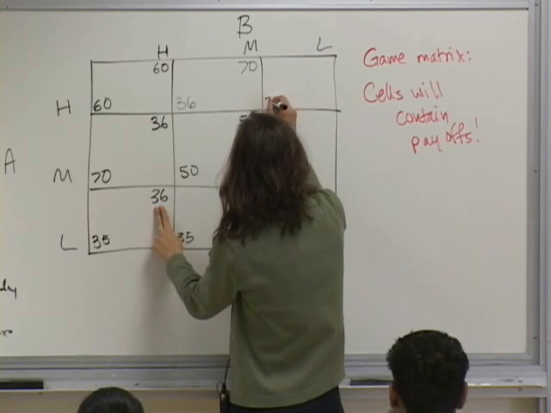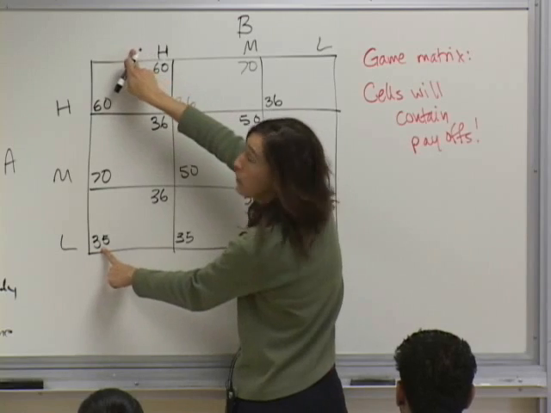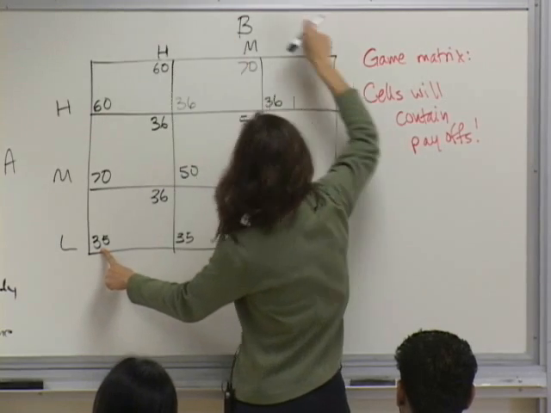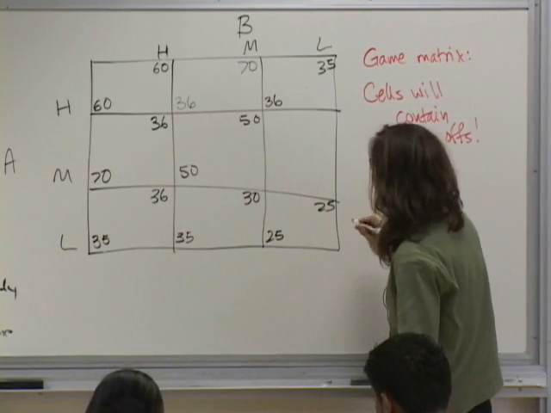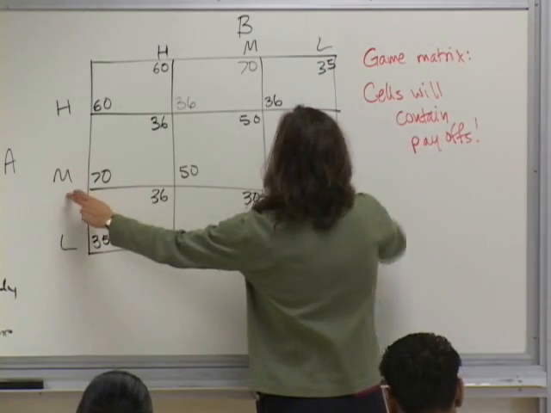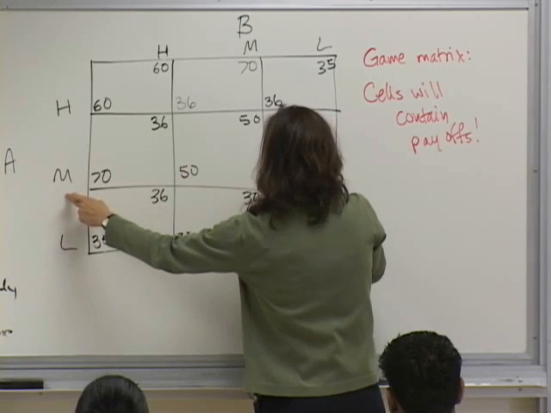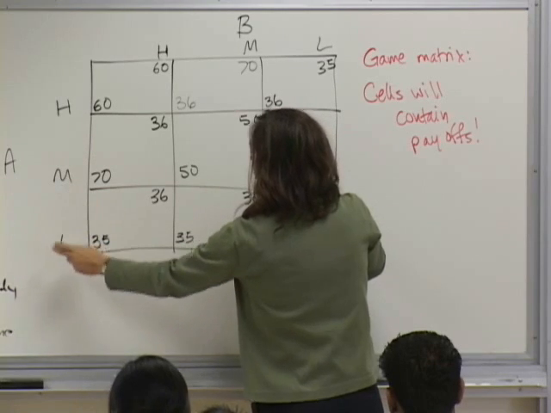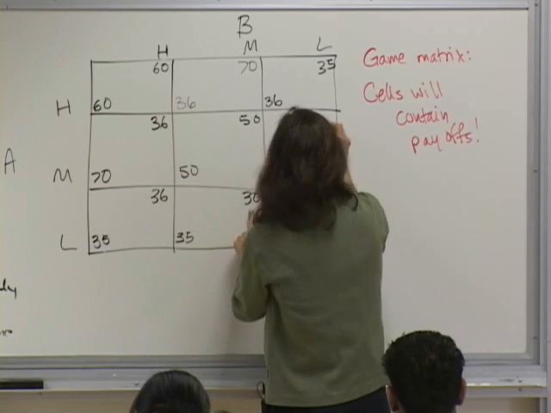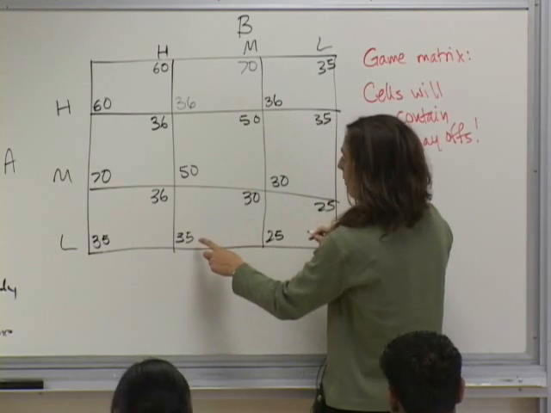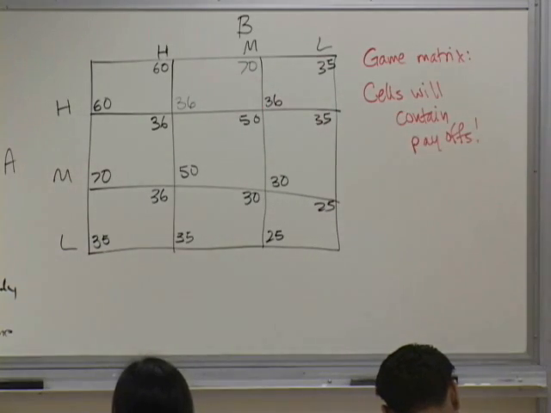It's the row player's profit in that square. The profit you get from setting low when your opponent sets high is the column player's profit here. There's the 35. When I set medium and my opponent sets low, that is the same thing as when I set low and he set medium. That is the 30. And from his point of view, it's the same as when I set low and he set medium.